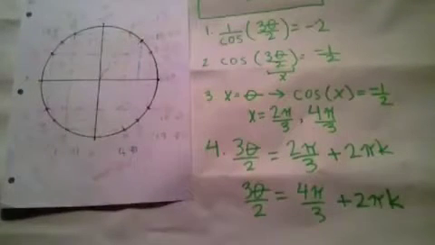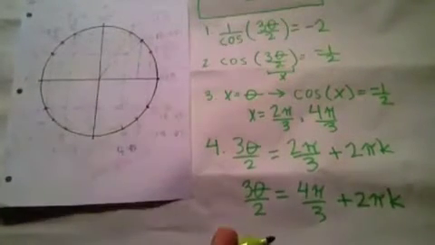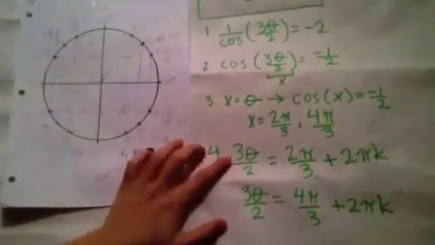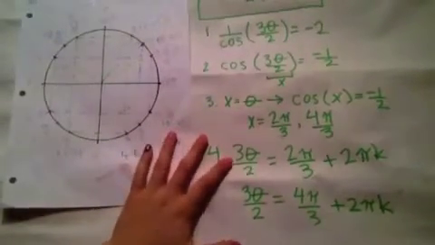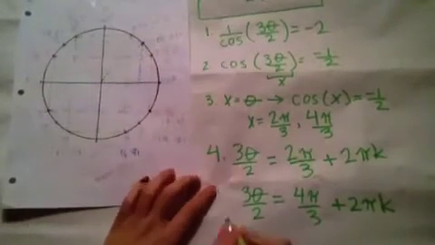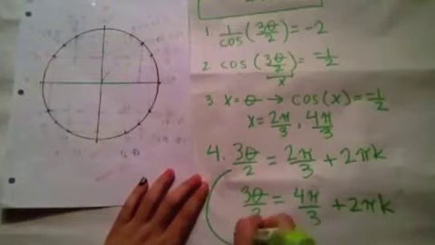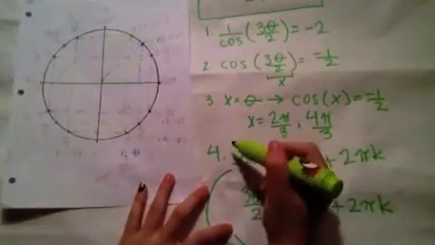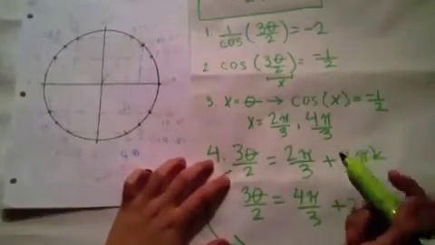Alright, so then after this, we're going to distribute and single out the theta. So, if we take a look at this one, you're going to multiply this whole thing by 2.